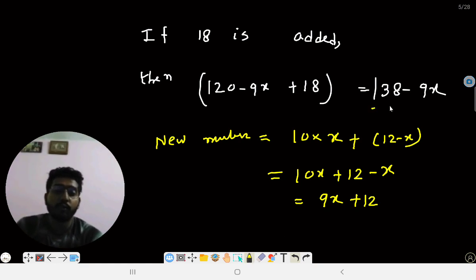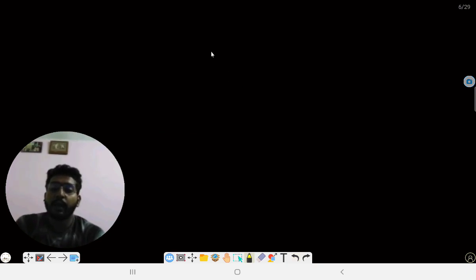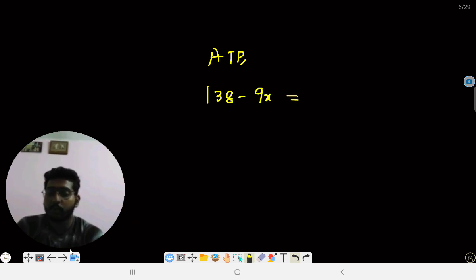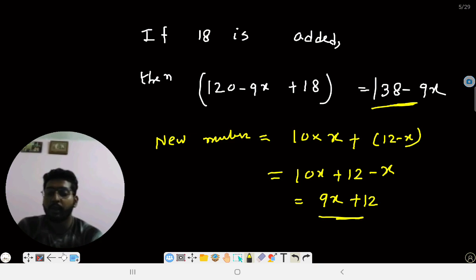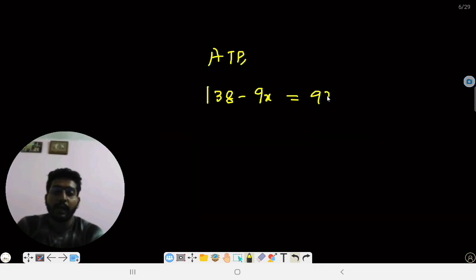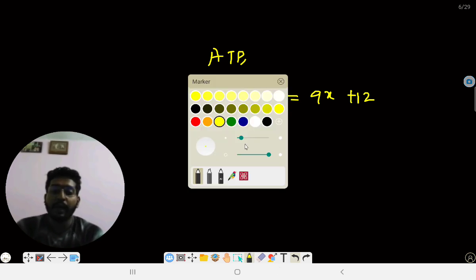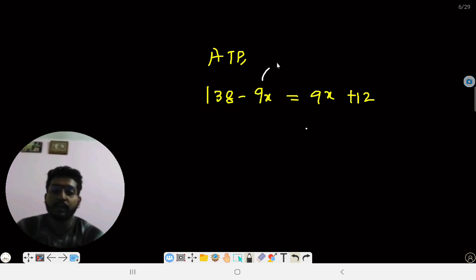This is also the new number, so both will be equal. According to the problem, 138 minus 9x equals 9x plus 12. Now minus 9x will go to the other side and 12 will come here.